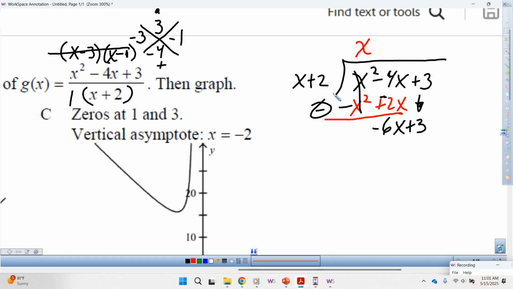What number times x gives me -6x? That's -6. -6 times x is -6x. -6 times 2 is -12. We're going to subtract again, distribute that here and here. This cancels. That leaves us with 15 as a remainder.